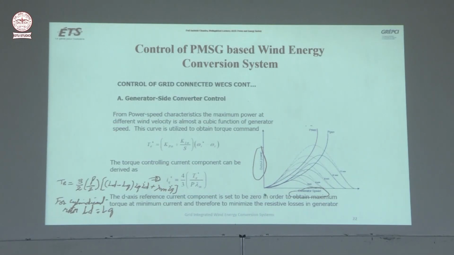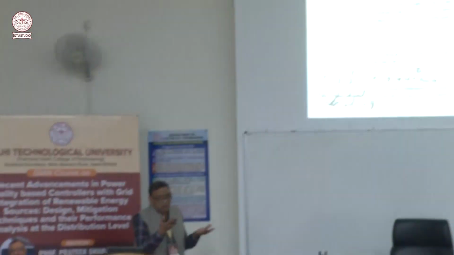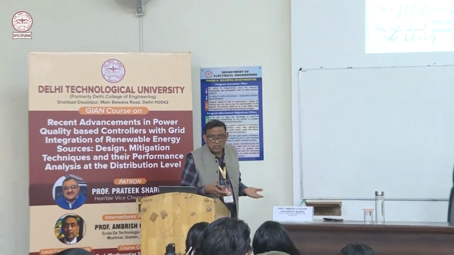This purple color is for mechanical power. Whatever power is produced, the wind is coming and the blades are rotating, so that mechanical power is going to the shaft. But the electrical power generated is not that much because there are rotation losses and other things.